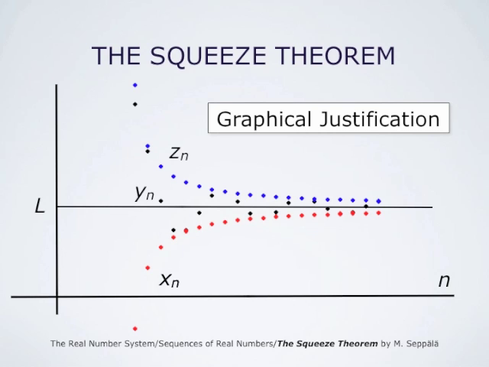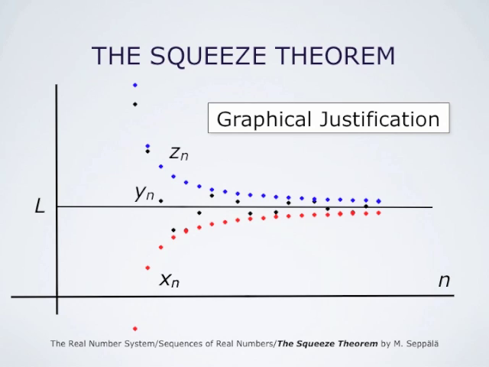Graphically, this can be justified as follows. Think of the numbers xn, yn, and zn as functions which are defined for positive integer values of n. Here the horizontal axis is the n-axis, and the dots shown here are the graphs of these functions xn, yn, and zn.